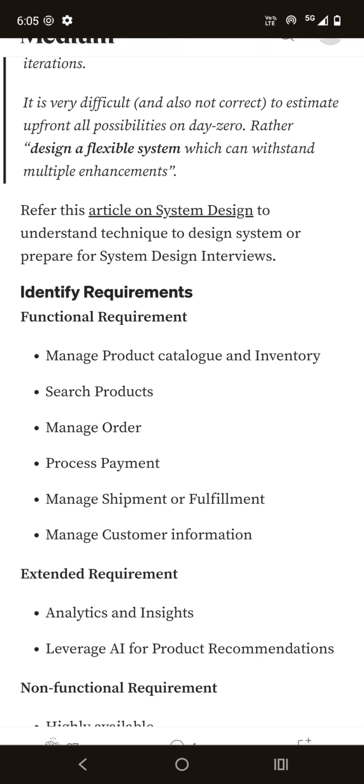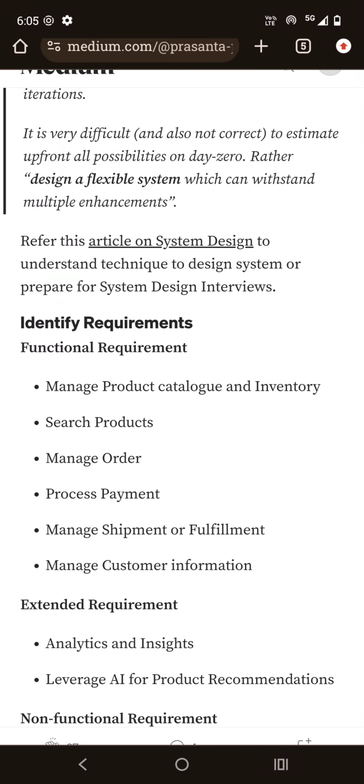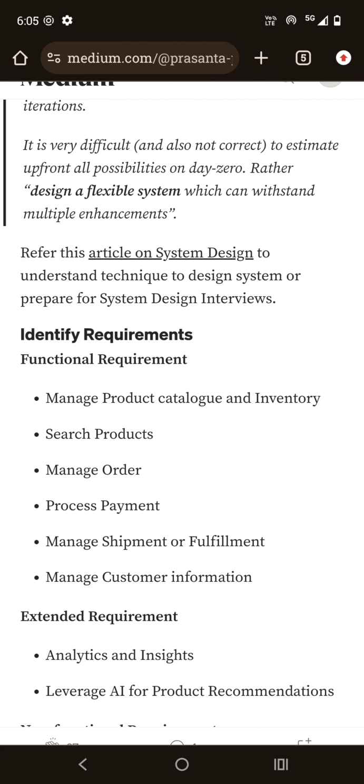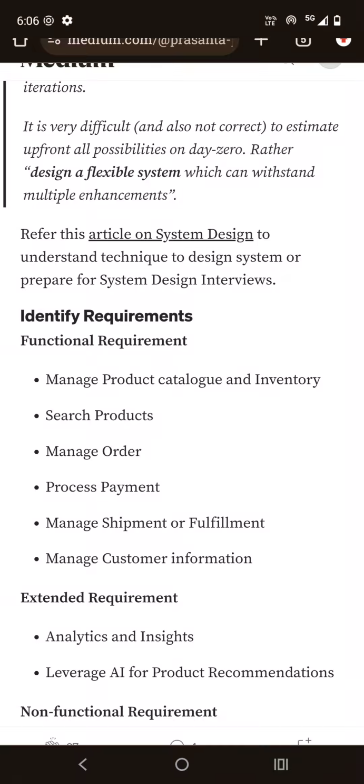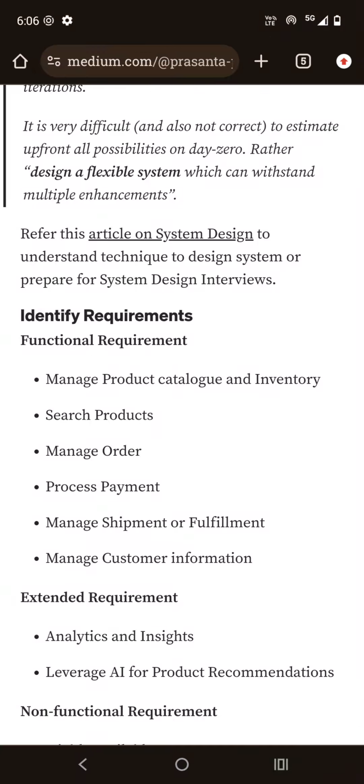For example, you take e-commerce applications, so we need to manage the products and we need to manage the inventory. So this is one module, right? Managing the product catalog and managing the inventory is one functionality. And also managing the orders, processing payment, and managing the fulfillment, shipment details, notification details.